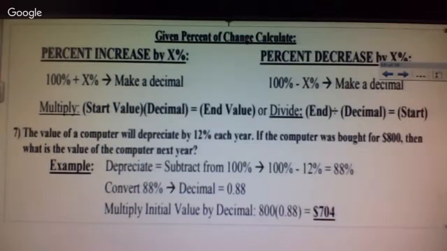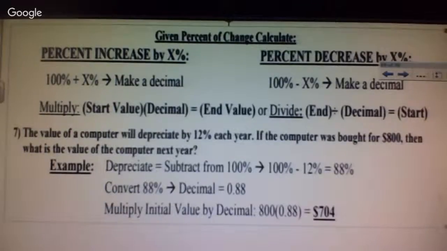Remember, converting to a decimal means you divide by 100, or you use your easy trick. 88 puts my decimal here. To change it to a decimal from a percent, we move 2 spaces to the left. So it's 0.88 as a decimal. And if you're given a decimal, you move it 2 spaces to the right to get a percentage.